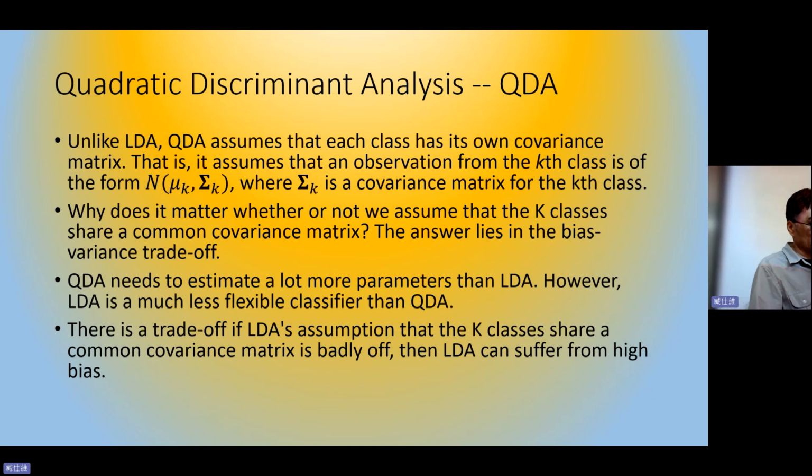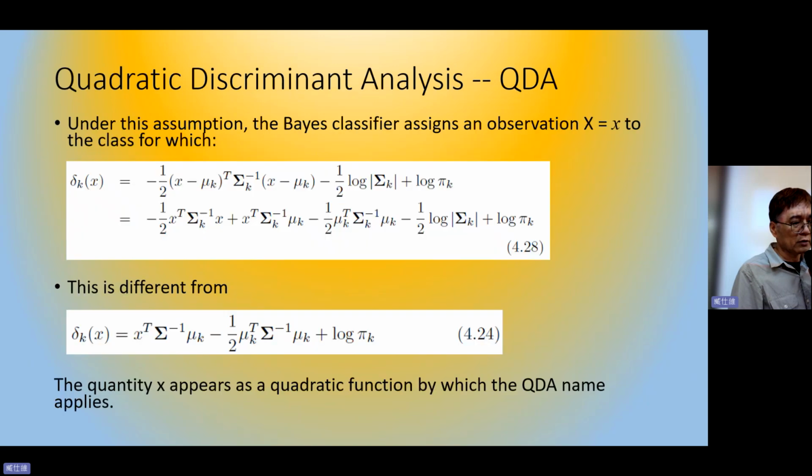On the other hand, a more complicated model like QDA may not give us a very good precision rate in our prediction. So it's a bias and variance trade-off, because QDA needs to estimate a lot more parameters than LDA. However, LDA is much less flexible as a classifier than QDA. So this is just a trade-off, and you need to measure both ways.